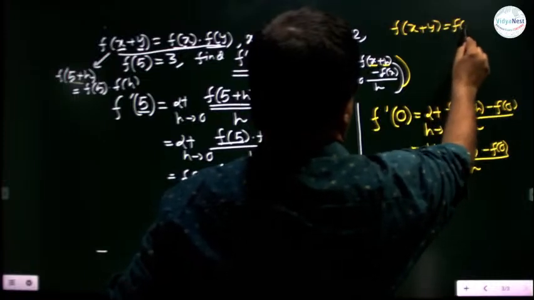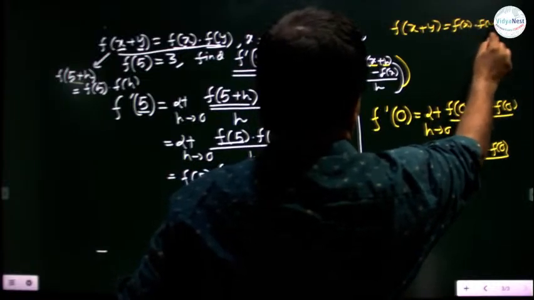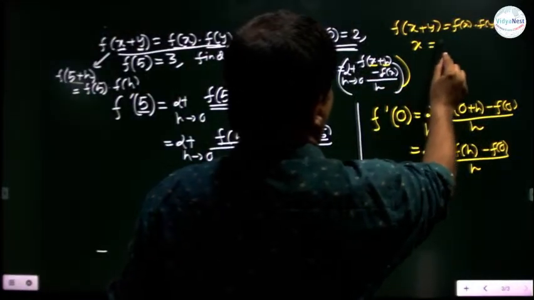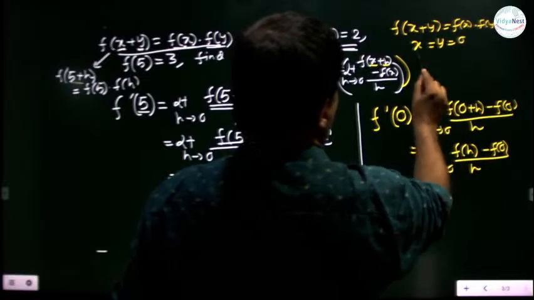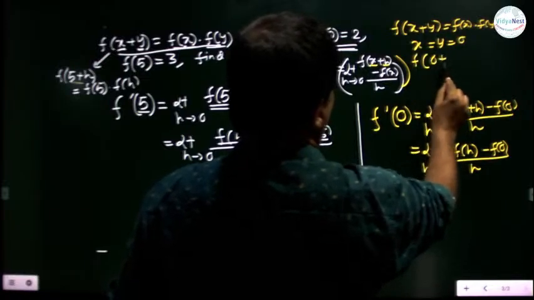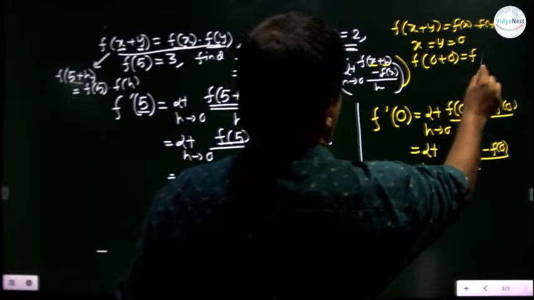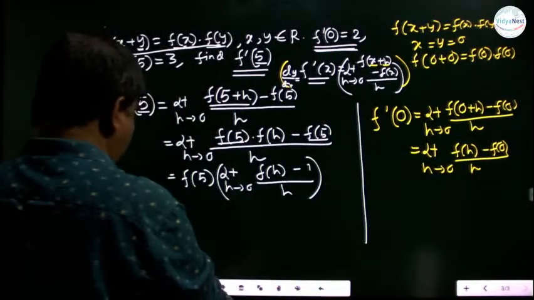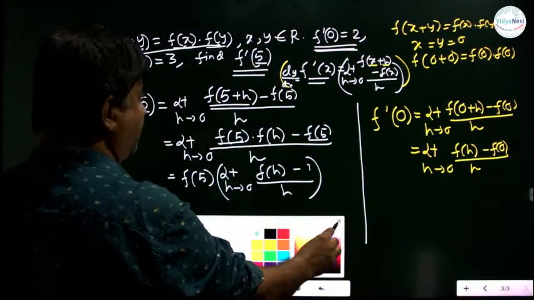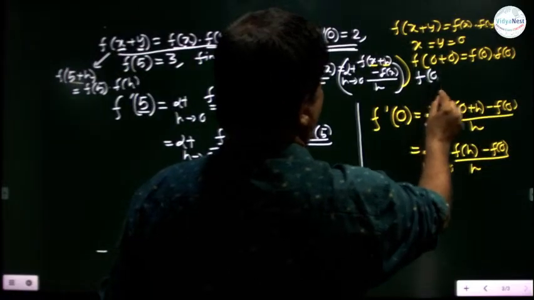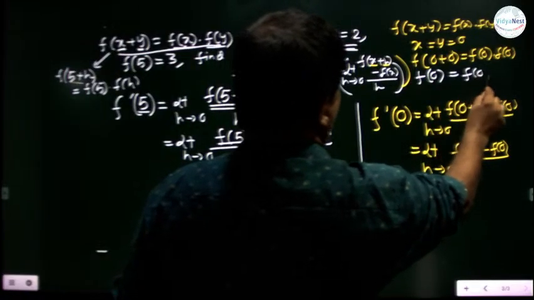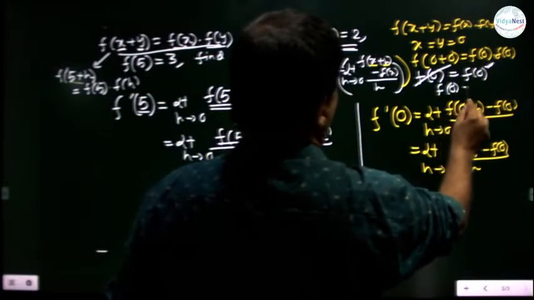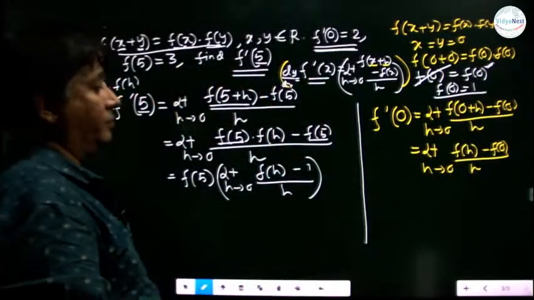These x and y are variables, and real numbers. So, I am putting x is equal to y is equal to 0. And see the outcome: f(0 plus 0), f(0) into f(0). What does it mean? F(0) is equal to f(0) square. So one f(0) cancels, f(0) is equal to 1. Yes or no? Yes, sir.